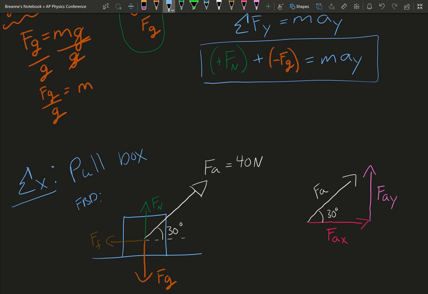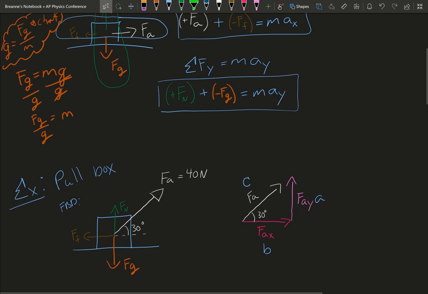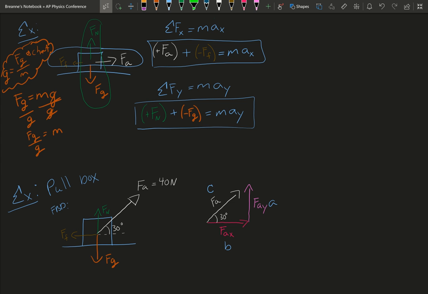Using your formula chart, we know that this is C, this is A, and this is B. I'm using what's on the formula chart. So we are going to have to use sine and cosine.